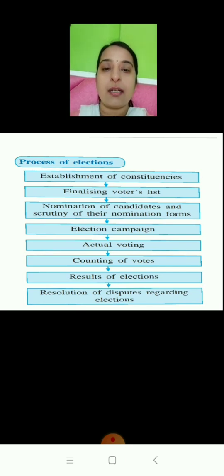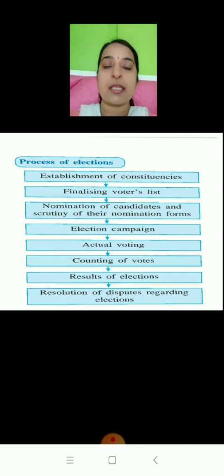I'll be explaining what constituencies are. Then second, finalizing the voters list. Third, nomination of candidates and scrutiny of their nomination forms. Then election campaign, actual voting, counting of votes, results of elections, and resolution of disputes regarding elections. These are the steps followed when elections are conducted.